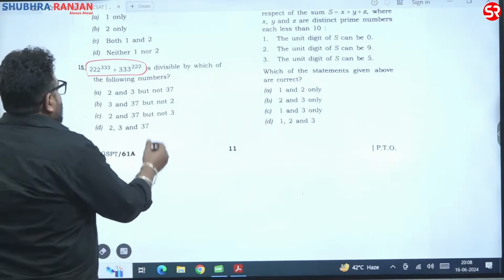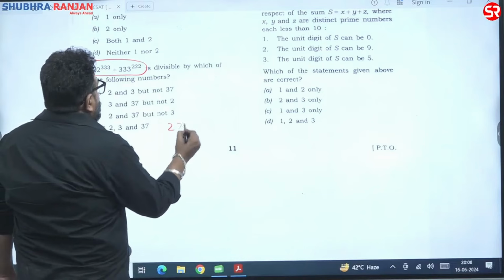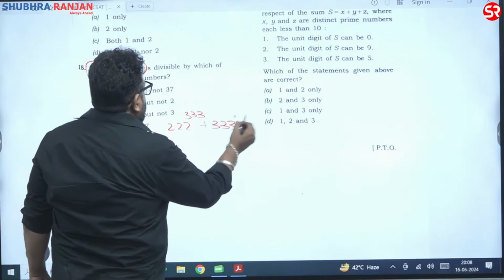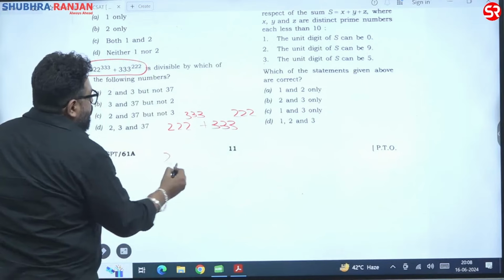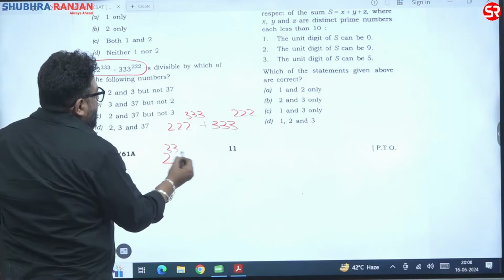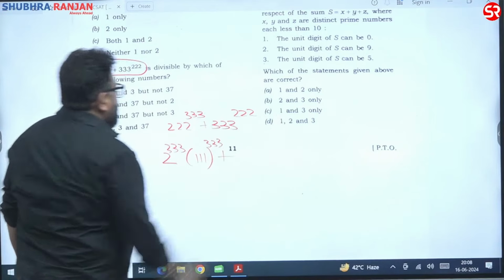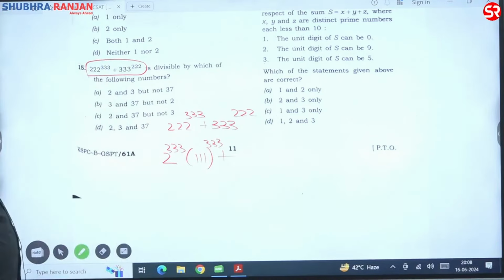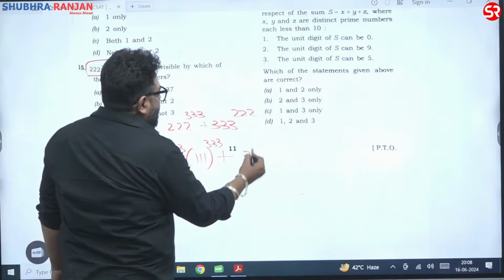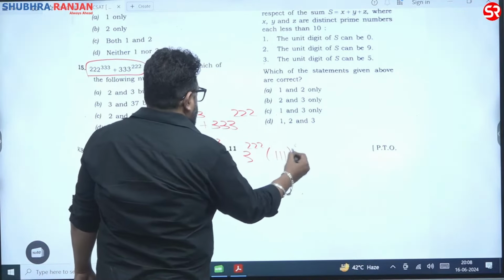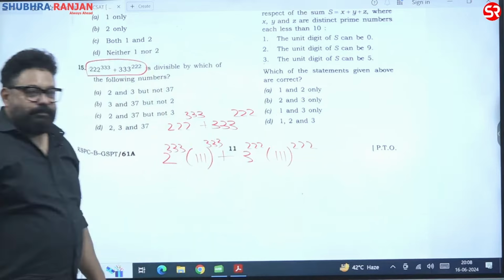He says, see, 2 raised to the power 3 plus 3 raised to the power 2, right? So 2 to the power 3 and 1 raised to the power 3 plus. So you have just broken this, right? And then take 3 out, 3 to the power 2 and 1 raised to the power 2, isn't it?